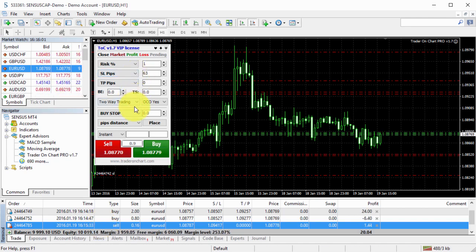The next important thing to know is that this Trader on Chart has 2 modes of trading. By default, it is set to use two-way trading, but you can also choose one-way trading. What this will do is close all the trades of the opposite position before opening the new one.